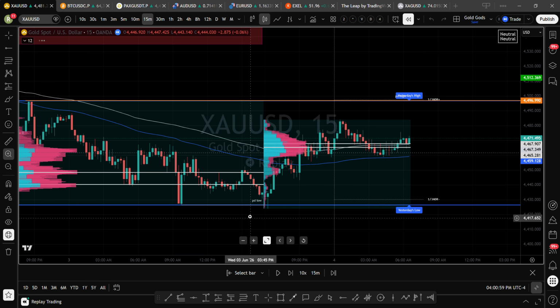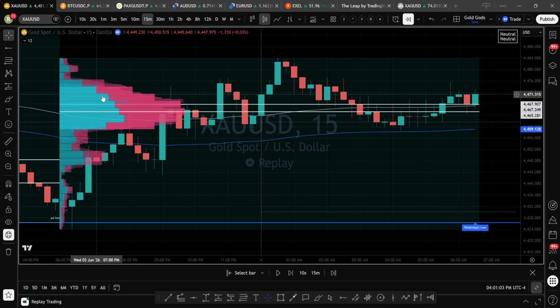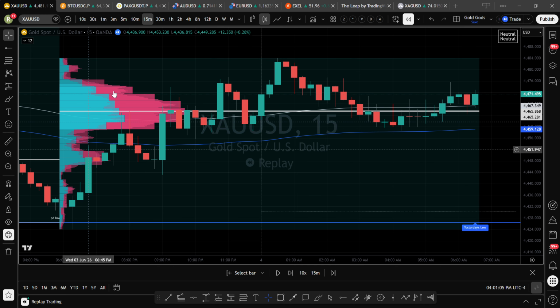Check this out. Okay, here's the signal. Session volume indicator is showing you, first of all, where the move is going to start from. This is where it's letting you know where these lines are at.